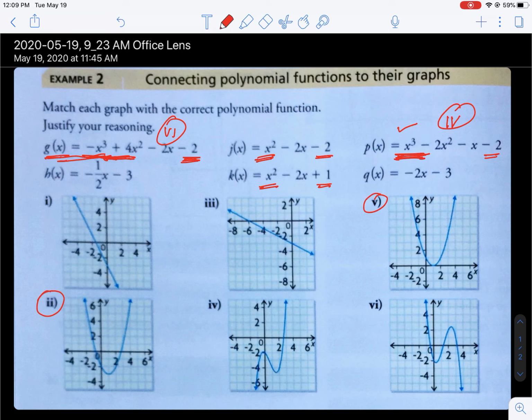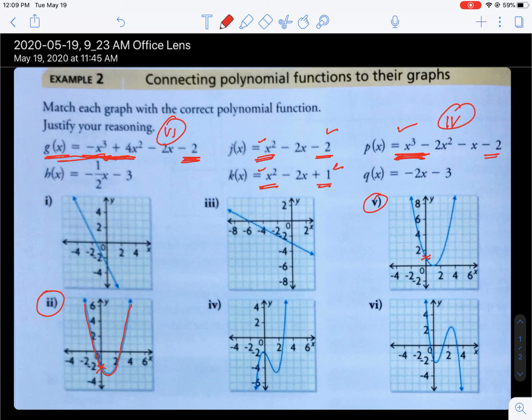Both graphs are opening upwards. You know why? Because the leading coefficient right here, it's plus, it's not minus, so it's +1 on both. The y-intercept for the top one is -2, so the y-intercept is right here, and for this one it's +1, so right here.